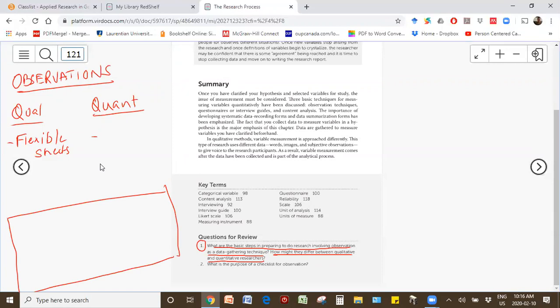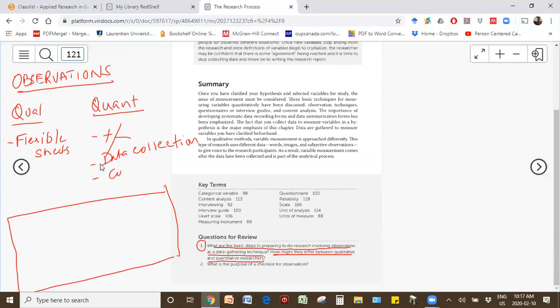So the thing about quantitative observations is it's there or not there, okay? There's very little room for interpretation during data collection. It's very objective. Was there a responsive behavior? Was there not? Okay.